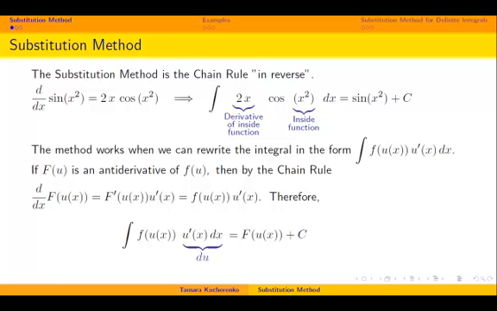If we make the substitution u equals u of x, then f of u of x becomes simply f of u, and our integral can be written in terms of the new variable u as the integral of f of u du.